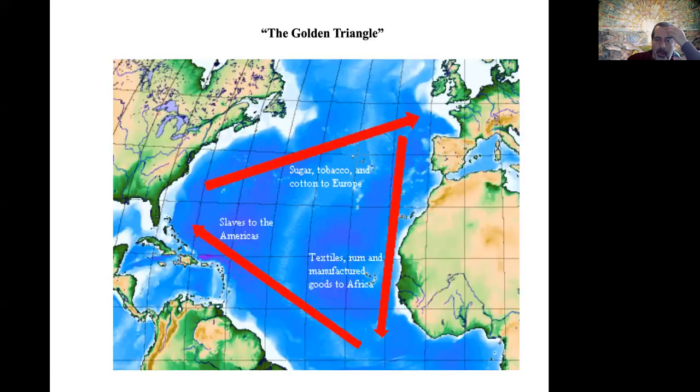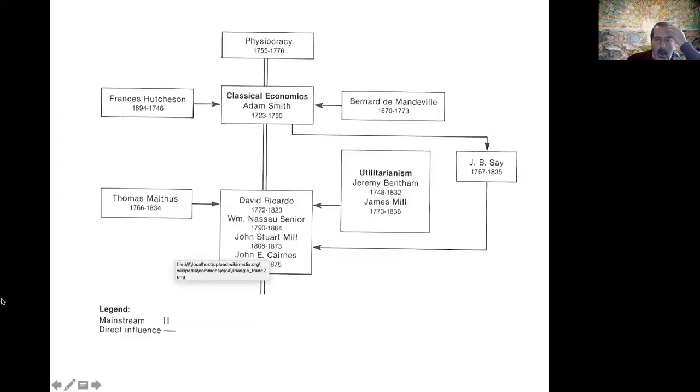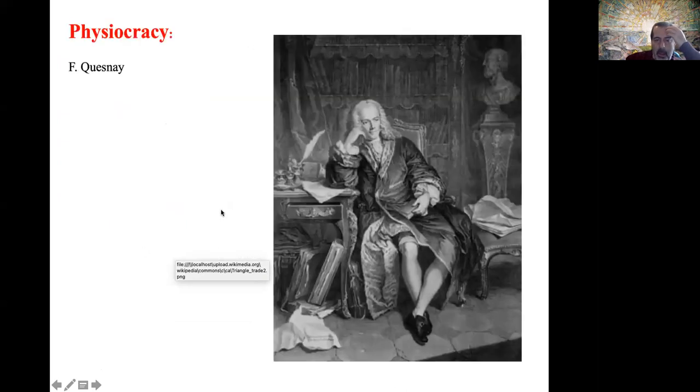So this is the classical period, which starts with Adam Smith, etc. You are going to see them. And this guy, Francois Quesnay, was the founder of physiocracy. He was the advisor of King Louis the 16th, I guess.